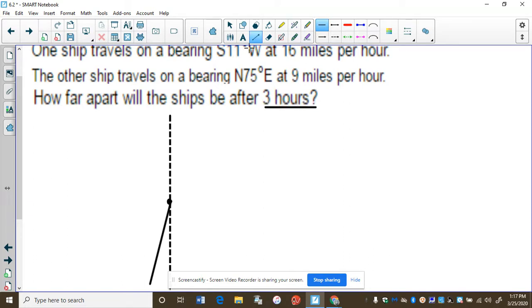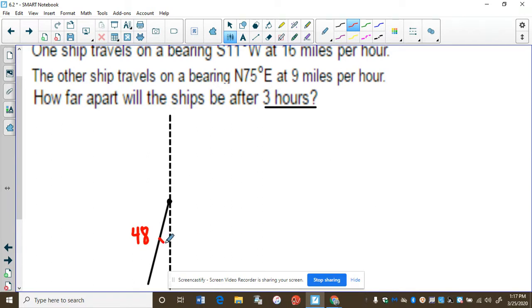So what I've drawn here would indicate, because I have no other context to this problem, this is the entire path of that boat. And let's label it right now. If this happens for 3 hours at 16 miles per hour, then this is going to be 48 miles long.